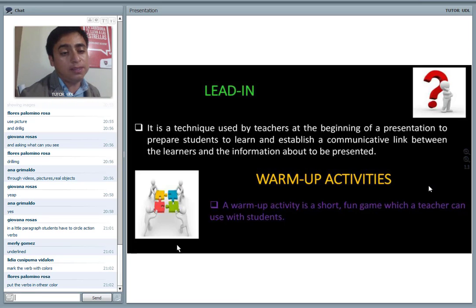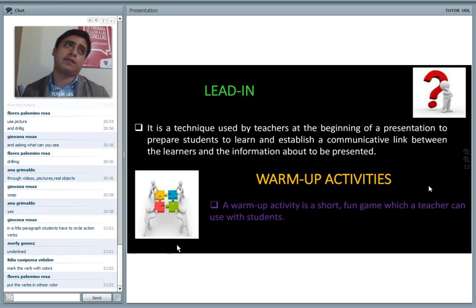A warm-up activity is a short, fun game which a teacher can use with the students. In other words, it's a game, an activity that you use in order to make students feel motivated before starting your lesson plan.